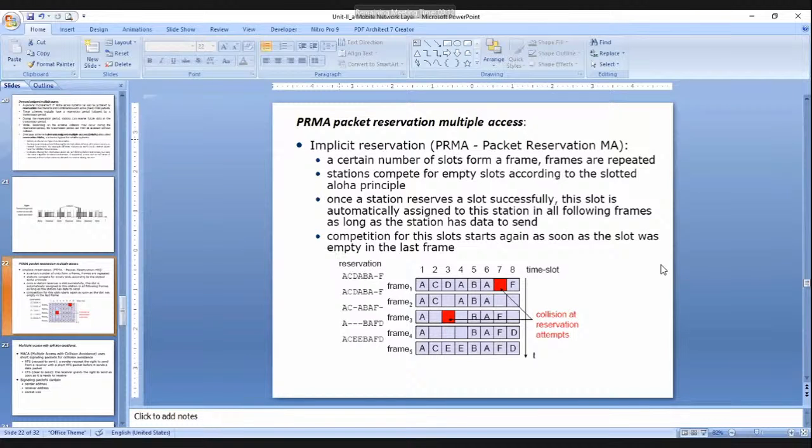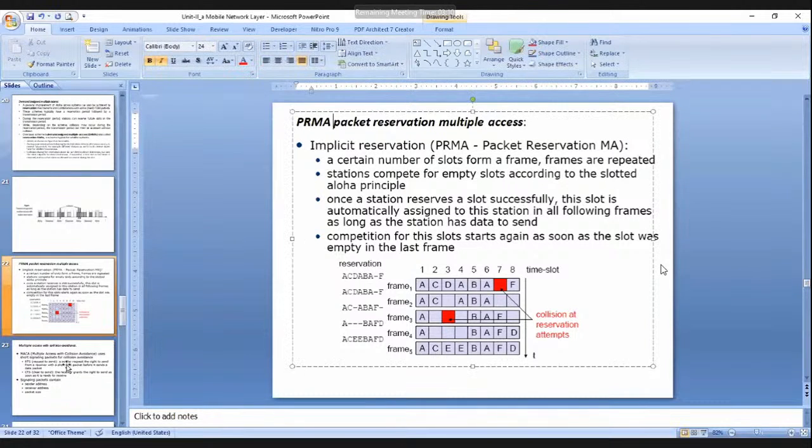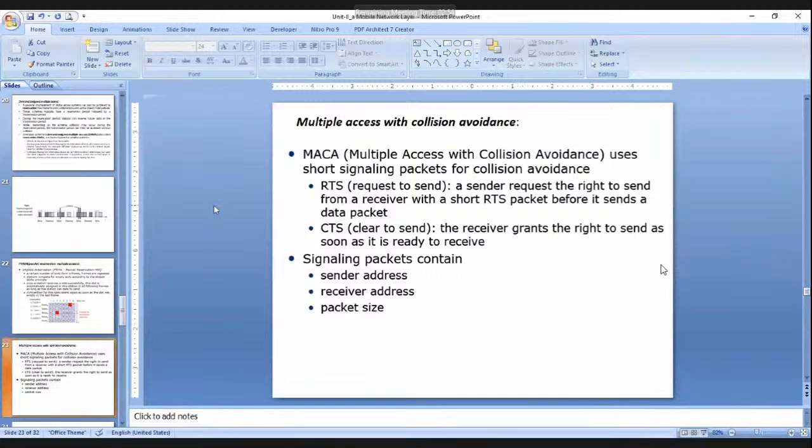Then comes another technology, that is multiple access with collision avoidance. Up to CDMA we should go, to see how different technologies came into the picture and what problems they faced and addressed.